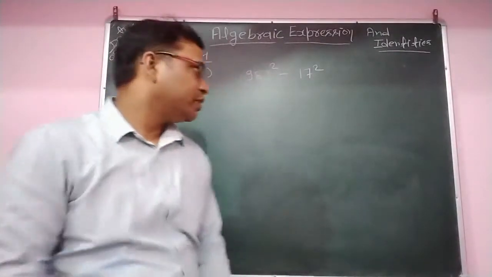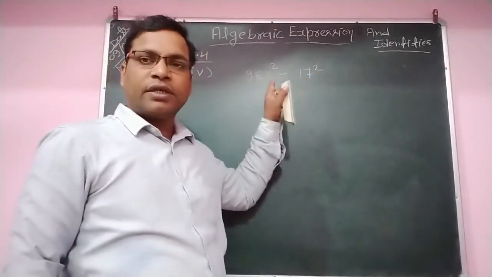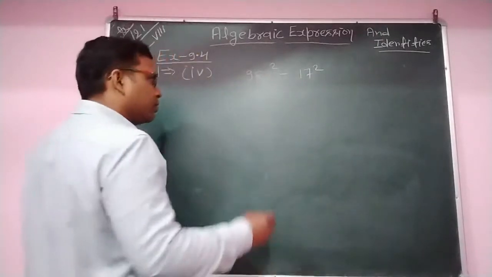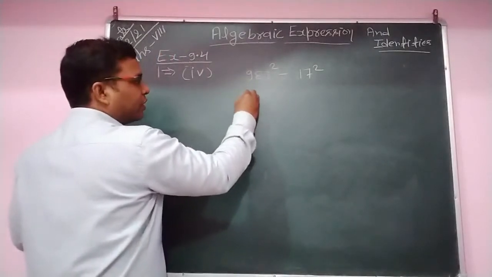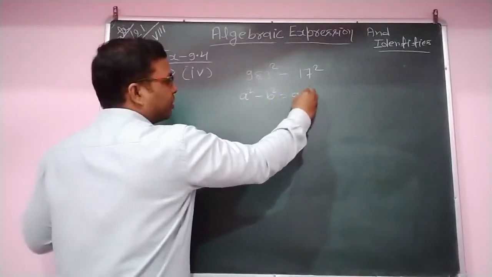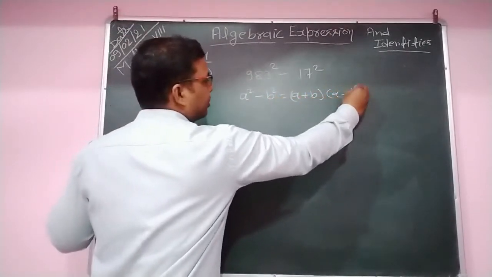So which identity is here? This is square minus square, so you can say this is a difference of two squares. I hope all of you remember this identity number 3: a square minus b square is equal to a plus b into a minus b. This is clear.